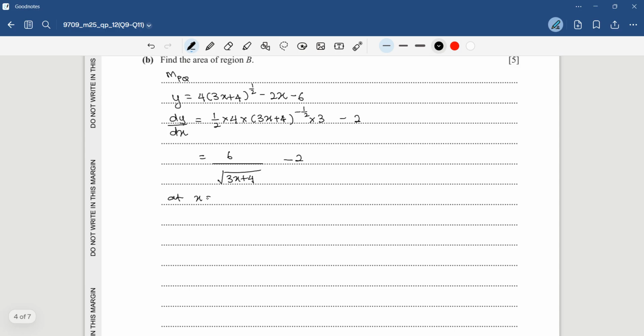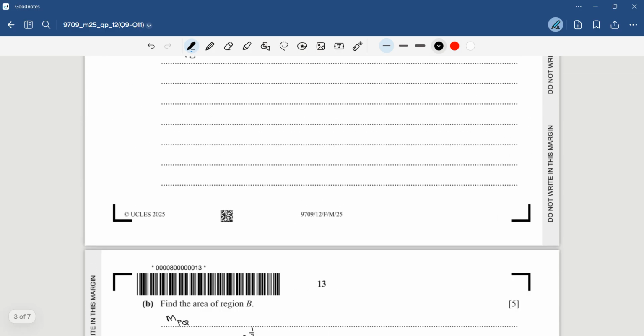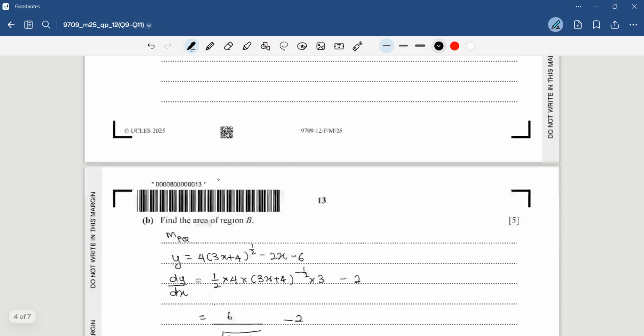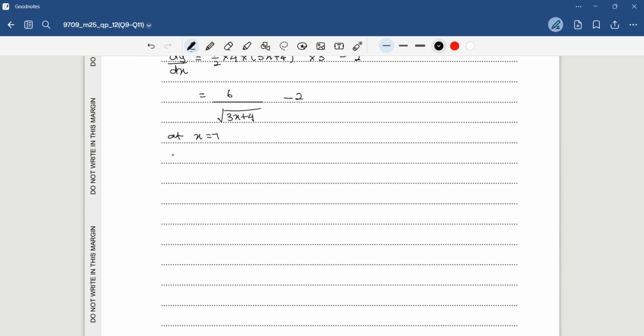So at x equal to 7, because the tangent is at x equal to 7, my dy over dx will be 6 over root of (3 times 7 plus 4), minus 2. You press a calculator, you get negative 4 over 5.